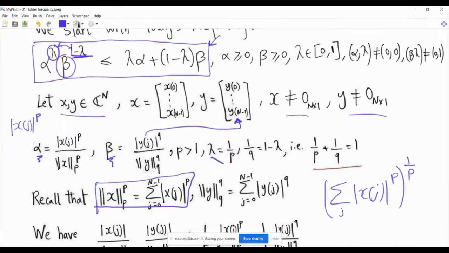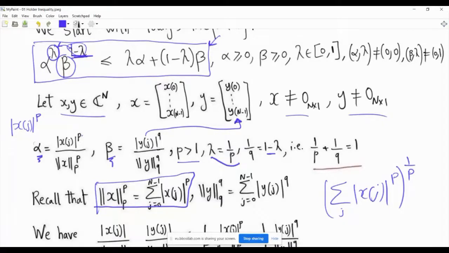So we will take lambda to be 1 over p, with p greater than 1. Now, if this is lambda, then the other power, 1 minus lambda, is 1 over q. It means that those powers p and q again are not arbitrary. If you specify one of them, then the other is specified.